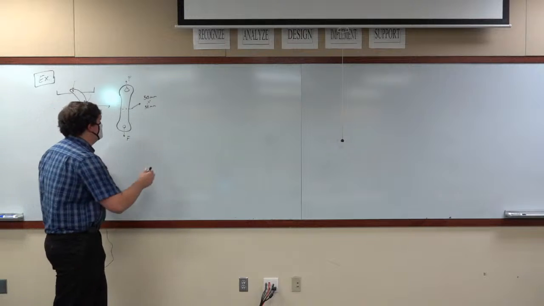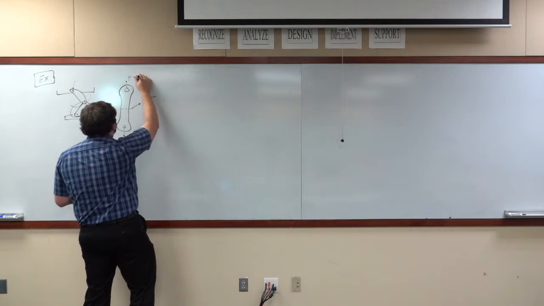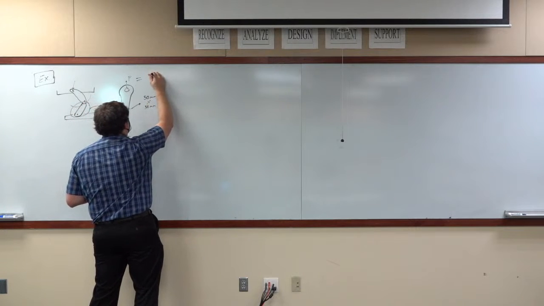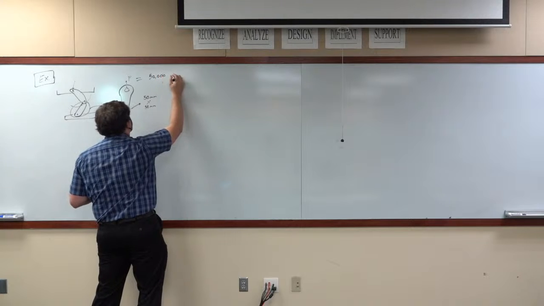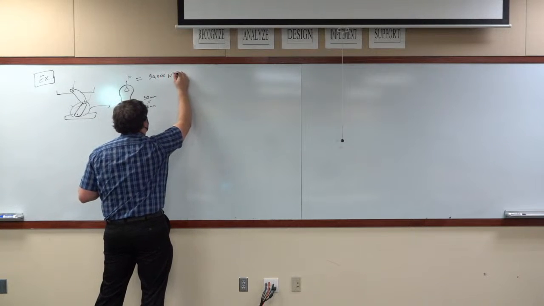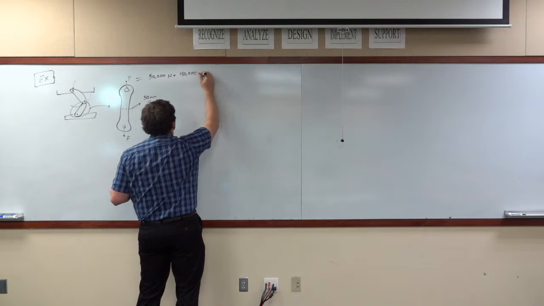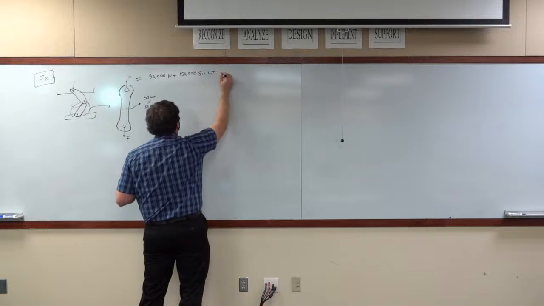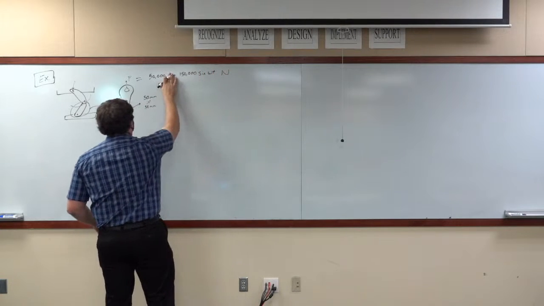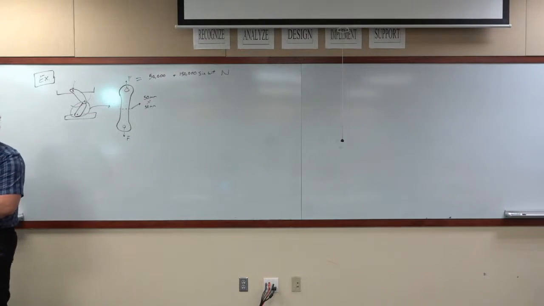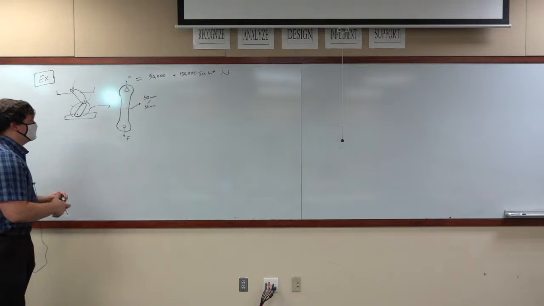So the force cycle ends up looking, we're going to give it the equation: 50,000 newtons plus 150,000 sine omega t newtons. So I guess that's the equation. Okay, and we're estimating that force equation based on what we measured, or something. We used a strain gauge, something like that.